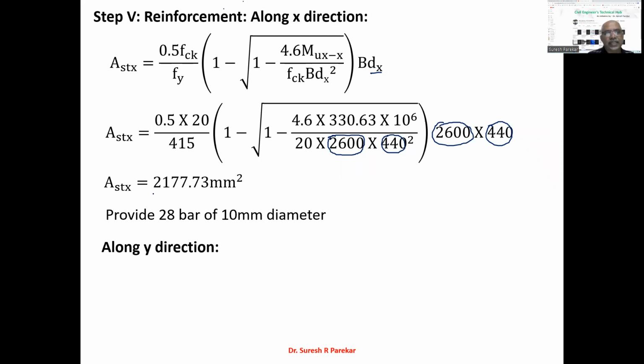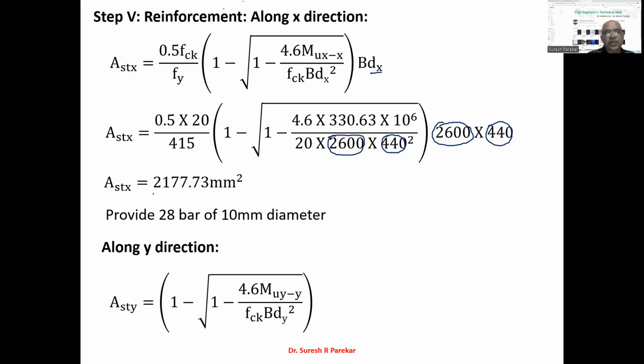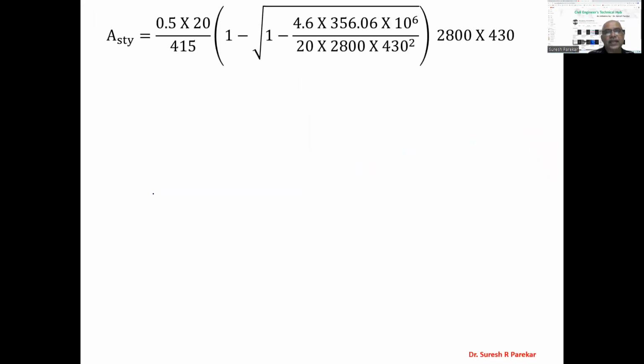Then along the y direction, the formula we have in this way, then the value of B we have 2800 because it is perpendicular to it. We have the YY direction in this way, and perpendicular to this, we have width 2800. This is my Y. And for X, this will be X, and therefore my width will be perpendicular to it, 2600.